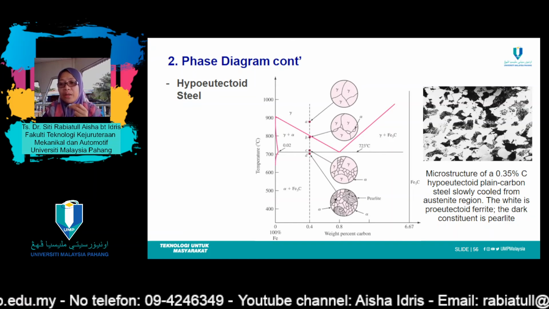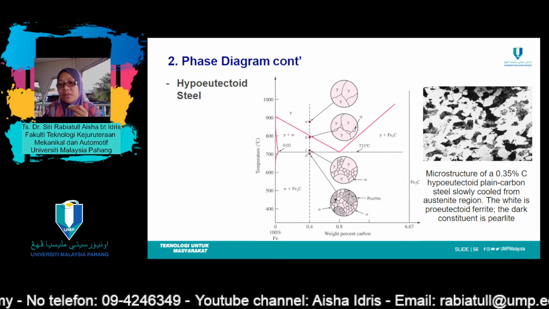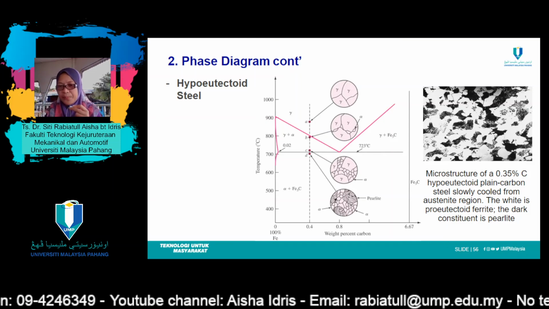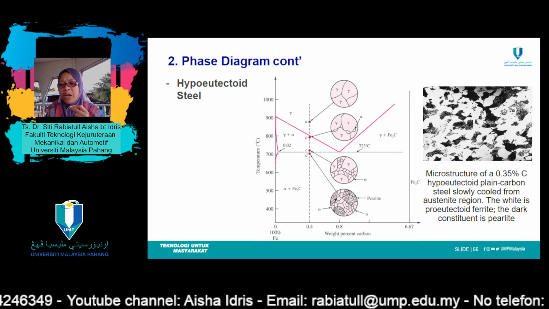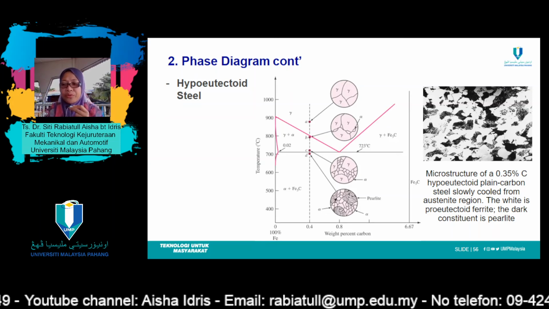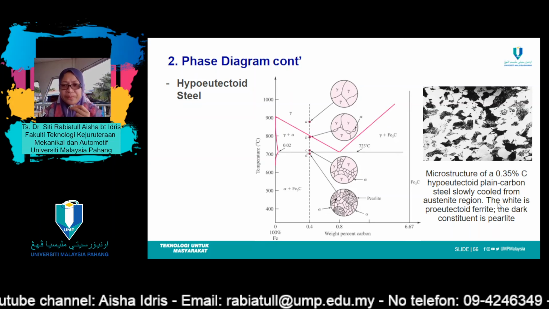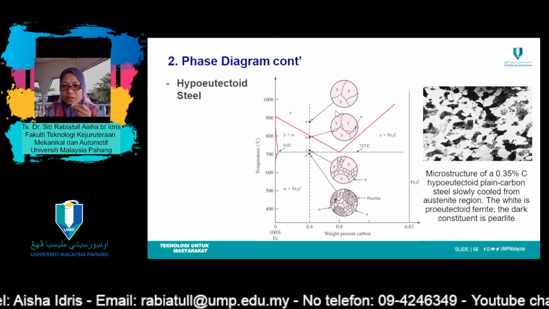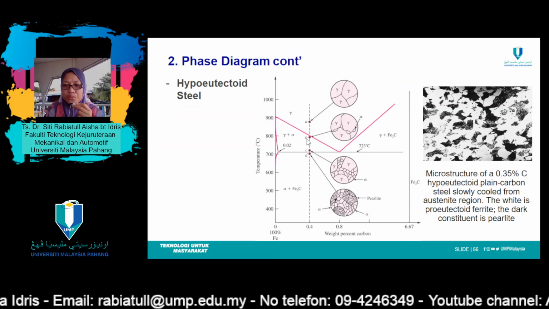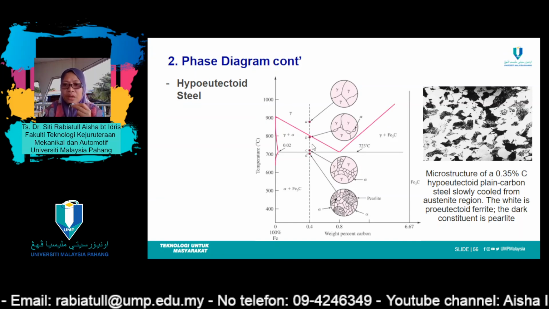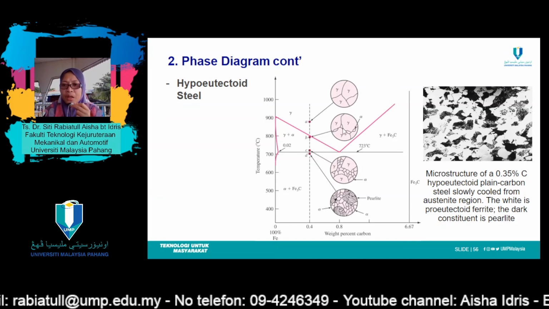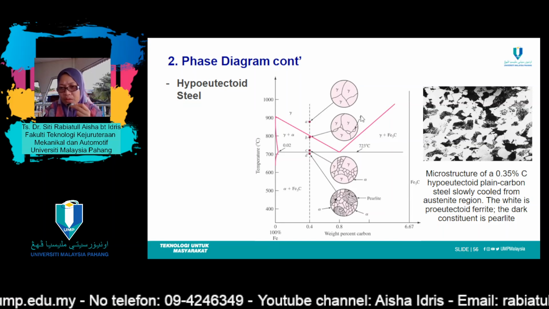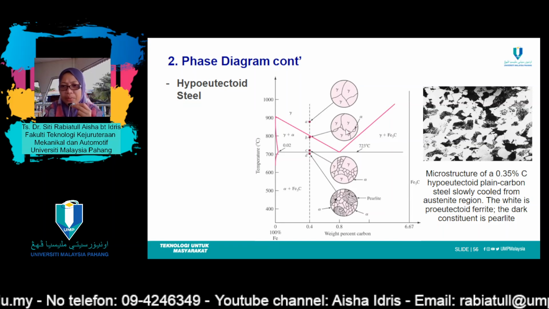And in real life, this is the microstructure that you may find for hypoeutectoid steel, where the value of carbon equals 0.358%. Again, after solidification, this is solid austenite passing through this line. You have austenite and also alpha at the grain boundary.